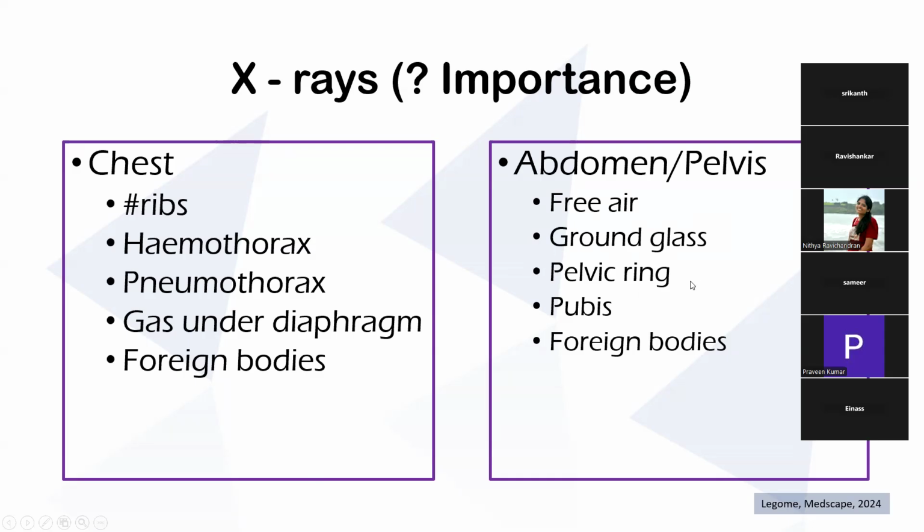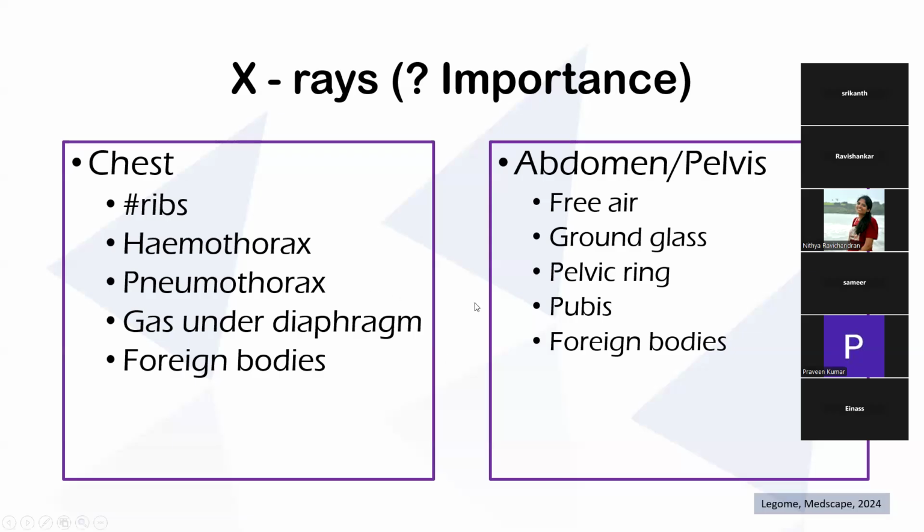Integrity of the pelvic ring is something that you must carefully look for. Fracture of the pubis must warn you about possible urethral or urinary bladder damage, and foreign bodies, particularly in RTA. If there's a penetrating element to the blunt injury, then you must be looking at that as well. But it is of much less importance than FAST or CT.